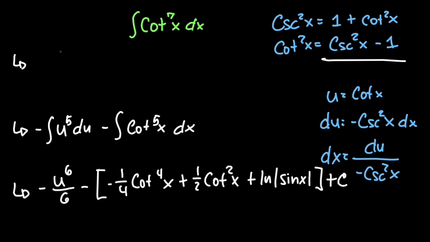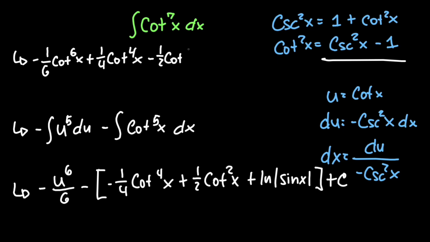And so the final answer would be equal to negative 1/6 cotangent to the power 6x plus 1/4 cotangent to the power 4x minus 1/2 cotangent to the power of 2x minus natural log absolute value of sine of x plus c.